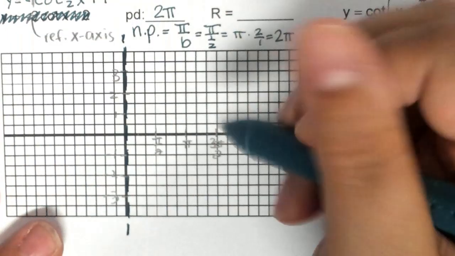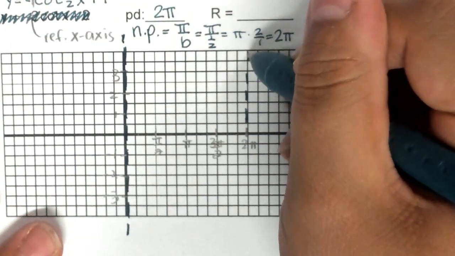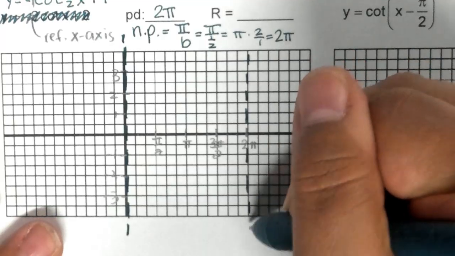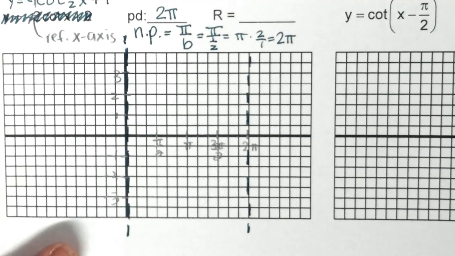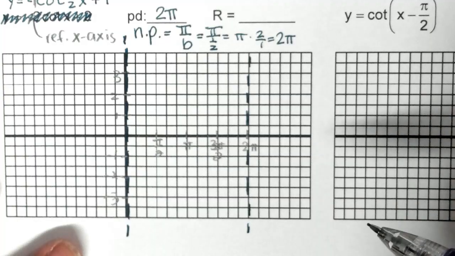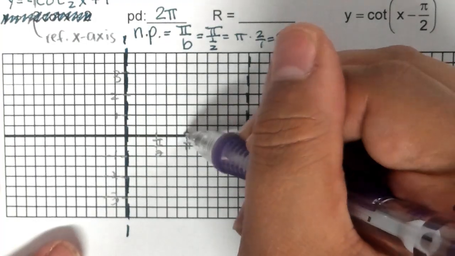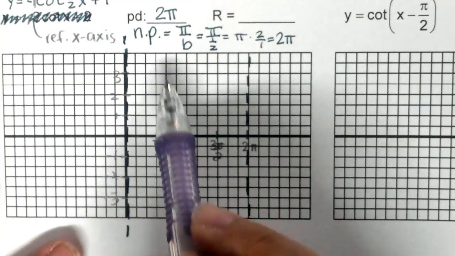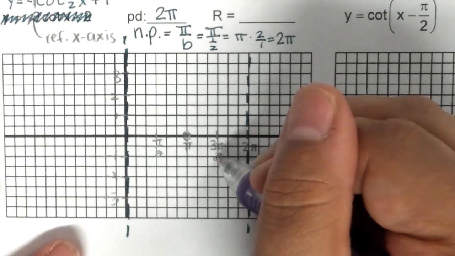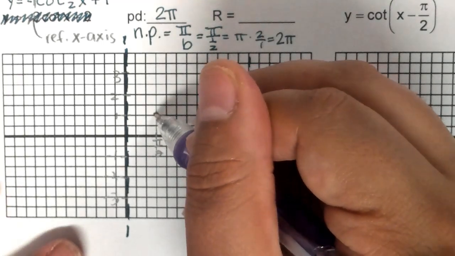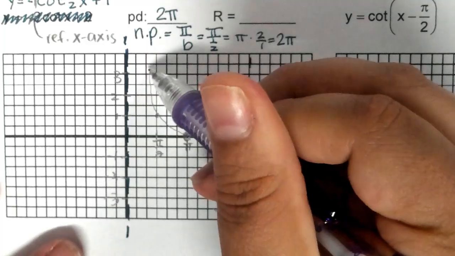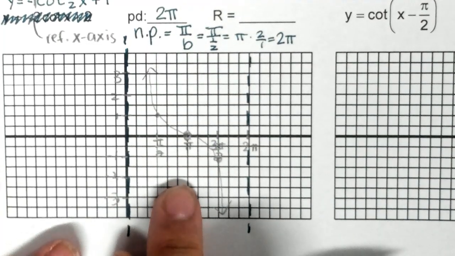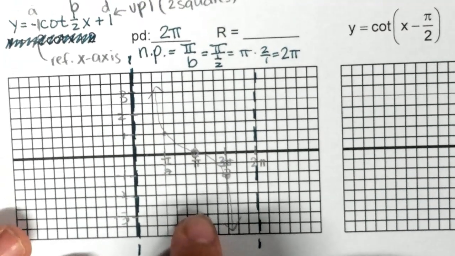And this doesn't shift left or right, so I can do this asymptote at 2 pi. Now 0 would be at pi. And remember, cotangent goes down. So this would be at -1, and pi over 2 would be at 1. This would be what the graph looks like if all I had was a b change.